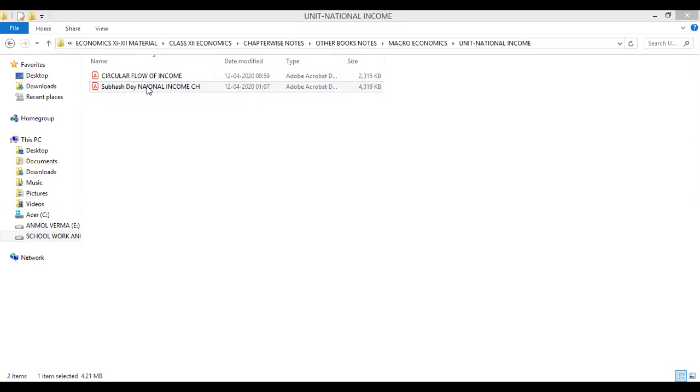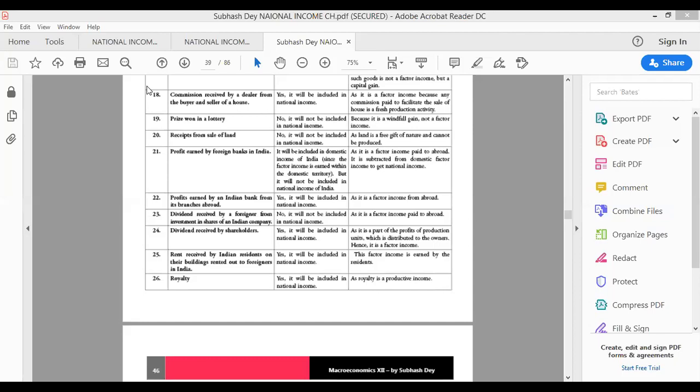Okay. So I think you can see. Can you see the PDF of the national income chapter? It would be visible now, I guess. Yes.